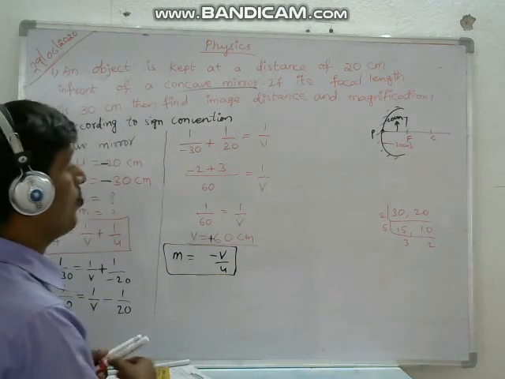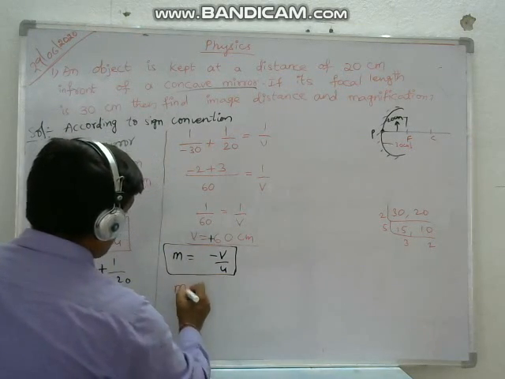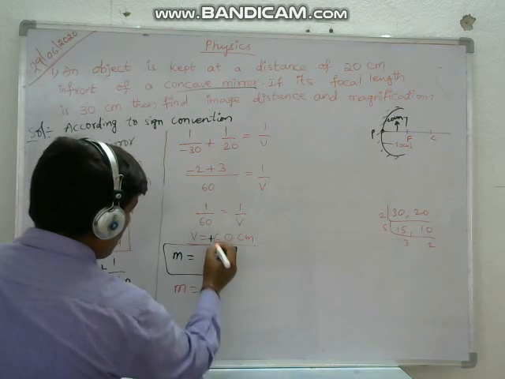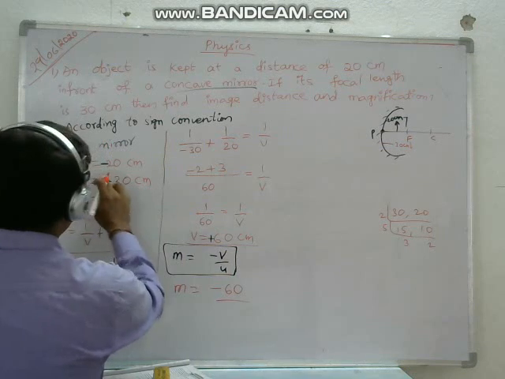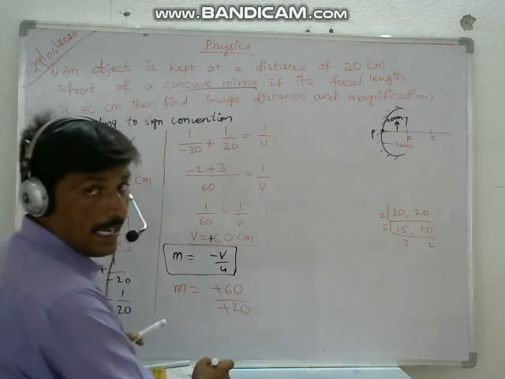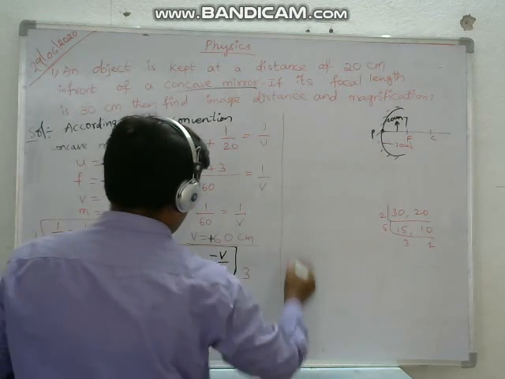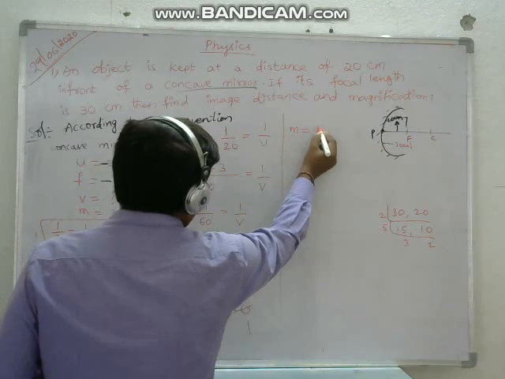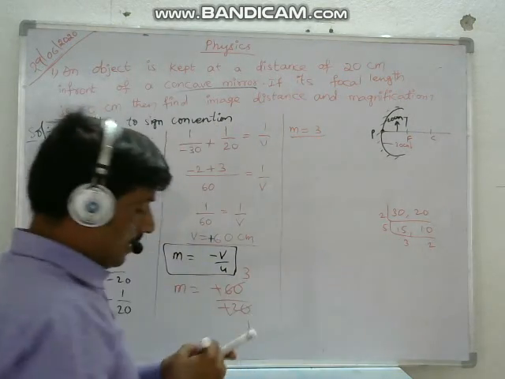As per the above problem, we got the v value, so m is equal to plus into minus, minus 60 by u. What is u? u is minus 20 centimeter. So minus minus will get cancelled, then 2 1s are 2, 3 2s are 6. As per this, magnification m is equal to 3.